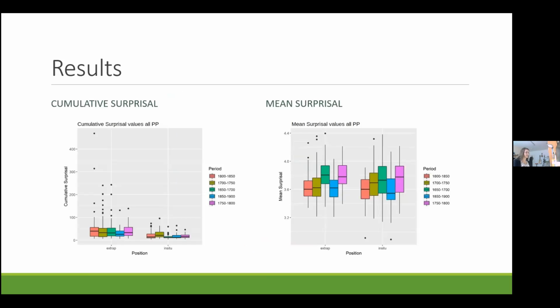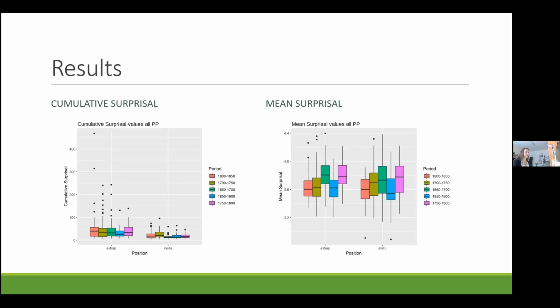To continue with some graphs, when we look at the cumulative surprisal values, we apparently see that they are in fact higher for extraposed prepositional phrases than for their in situ counterparts. So this might hint at an influence. For the mean surprisal values, the picture is not as clear or does not seem to be as easily interpretable when we just look at this graph.